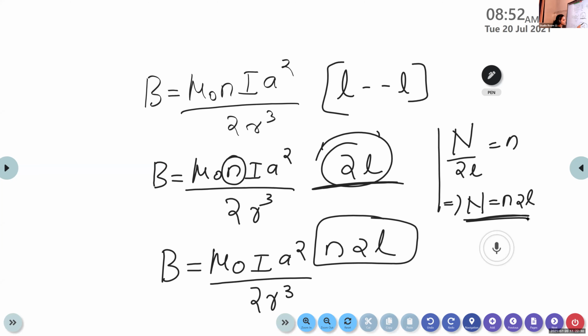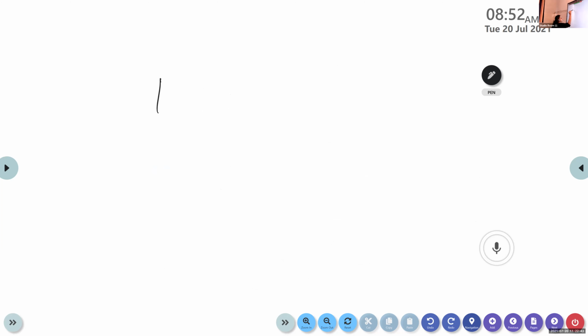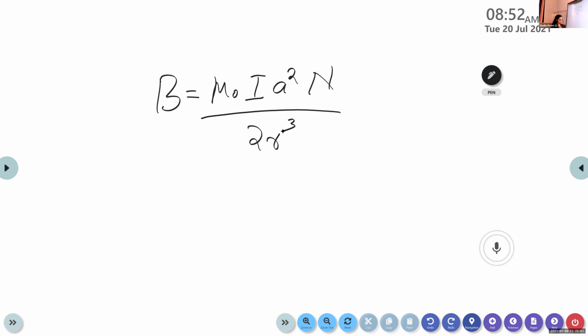So we can replace this small n into 2L by capital N. Is it clear? Yes, ma'am. So our equation becomes B is equal to mu 0 I a square N divided by 2r cube.